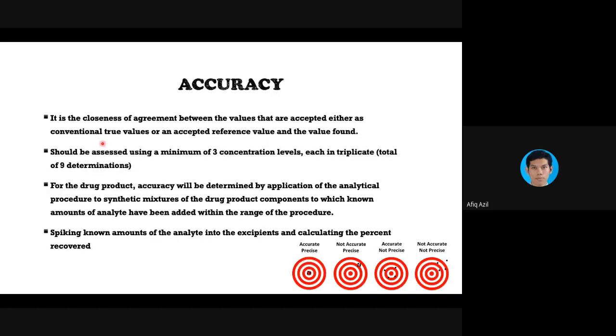So accuracy is the closeness of the obtained result to the true value, or an accepted reference value, and the value found. So here, actually this is the same.